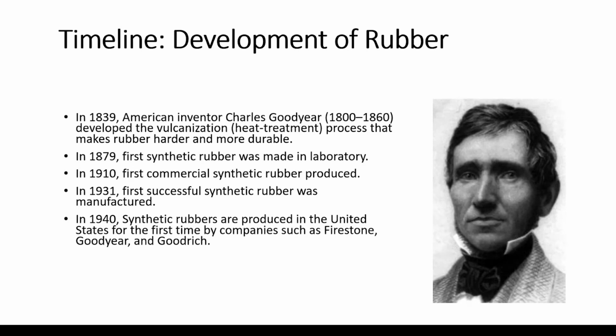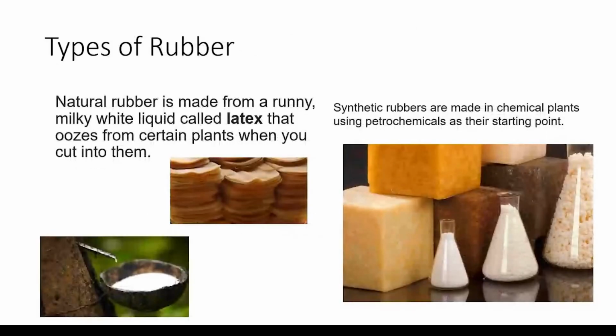In 1910, the first commercial synthetic rubber was produced. In 1931, the first successful synthetic rubber was manufactured. And in 1940, synthetic rubbers were produced in the United States for the first time by companies such as Firestone, Goodyear, and Goodrich.